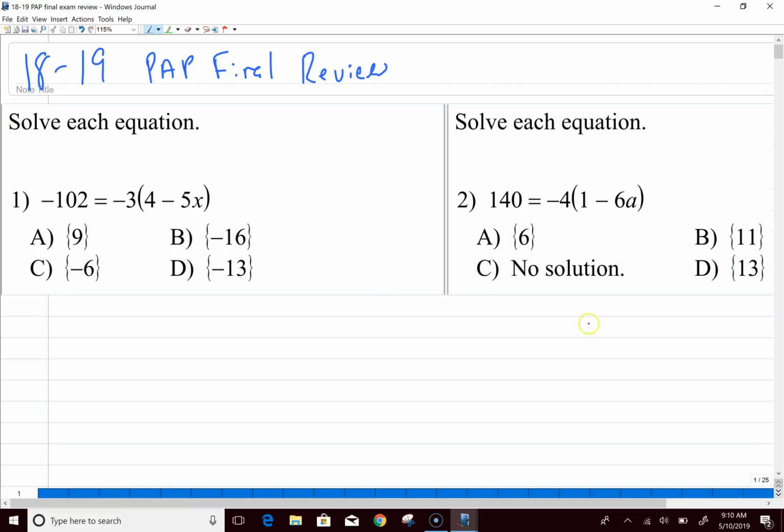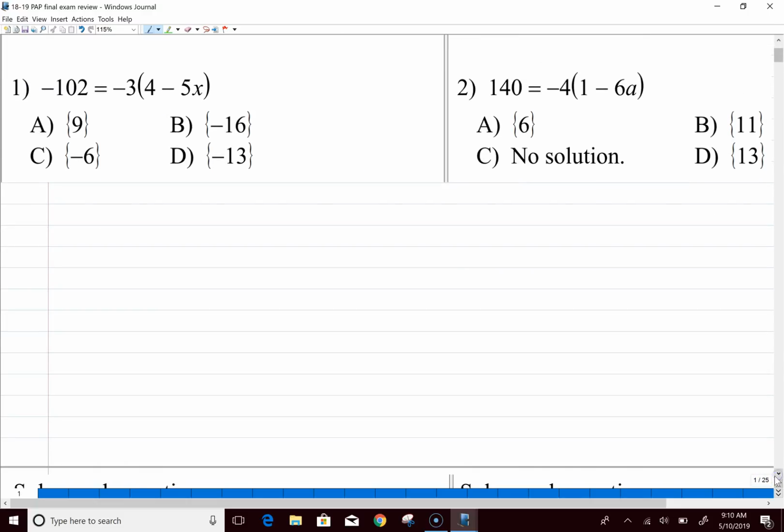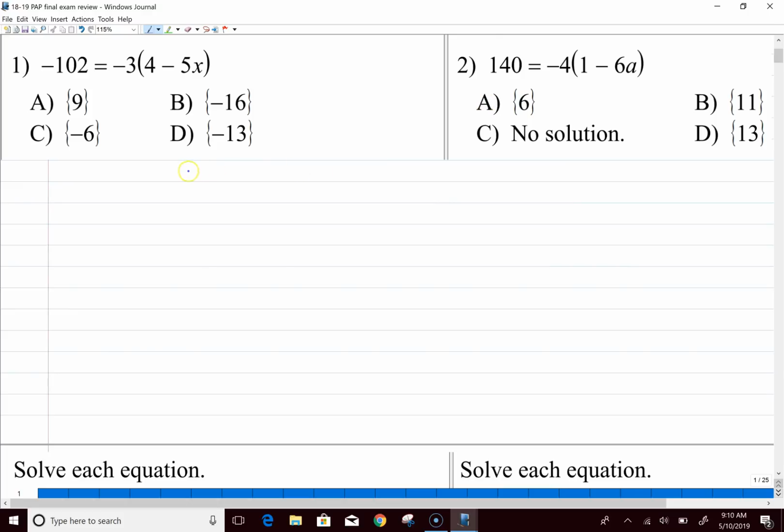So for number 2, I'm going to bring down the 140. Negative 4 times 1 is negative 4. Negative 4 times a negative 6a, that's a positive 24a. I'm going to get the letter a by itself, so moving the negative 4 by adding the 4.